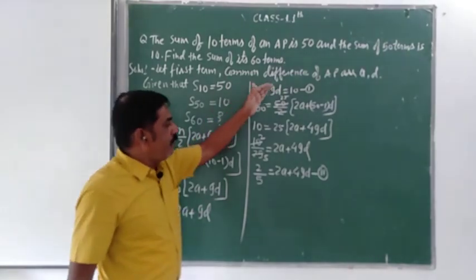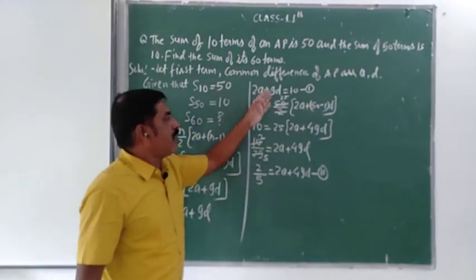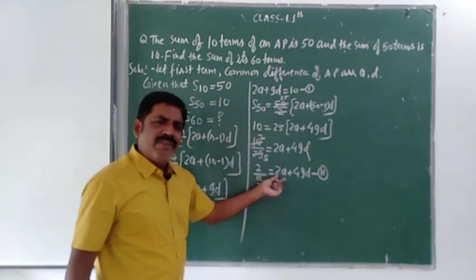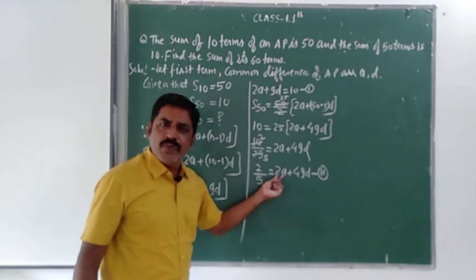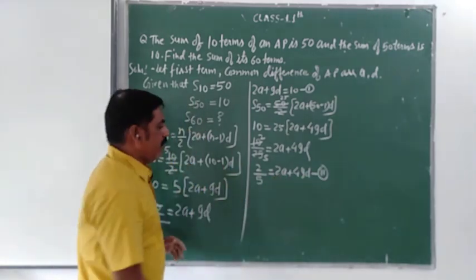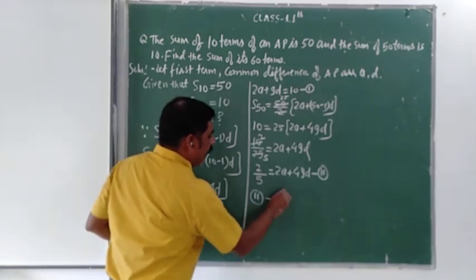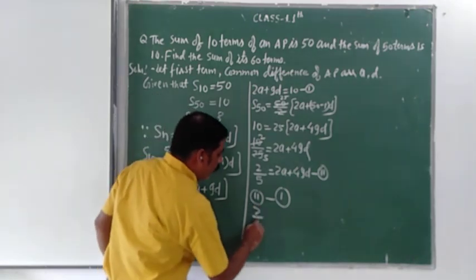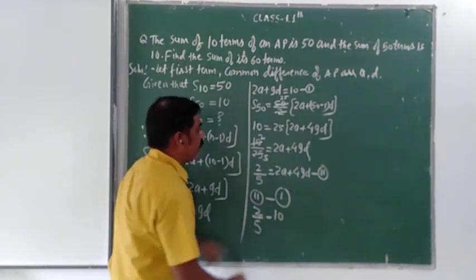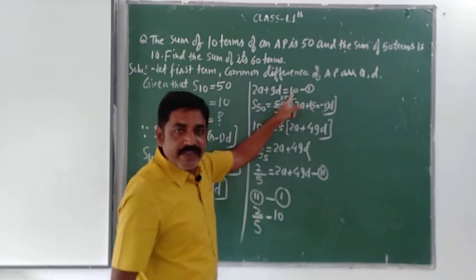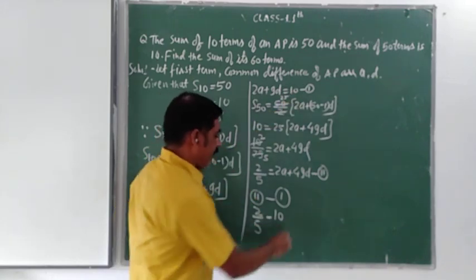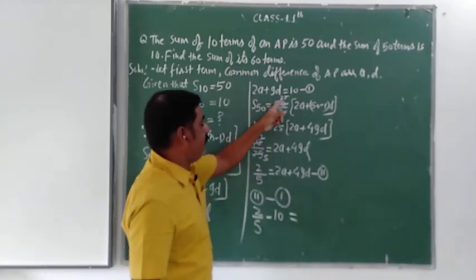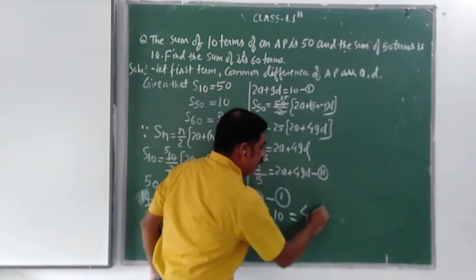Now, with the help of equations 1 and 2, we have to find the value of a and d. Rather, we are going to find the value of 2a and d. So subtract 2nd minus 1st. 2 upon 5 minus 10, constant values. So 2 upon 5 minus 10 is equal to 2a cancel, 49d minus 9d, 40d.